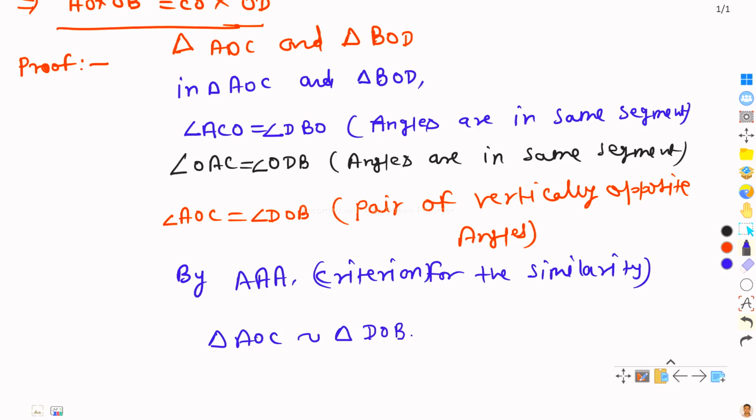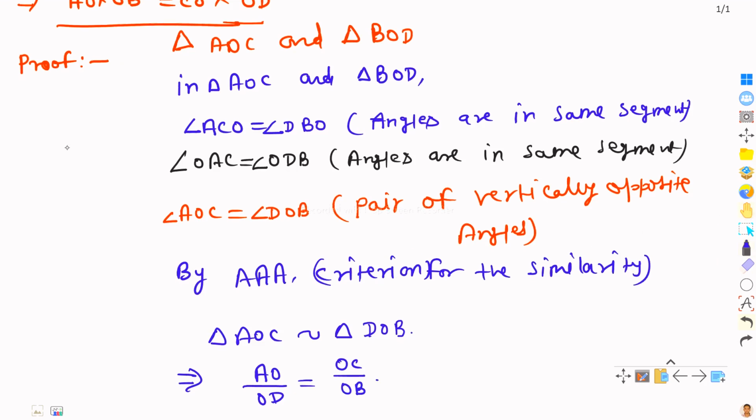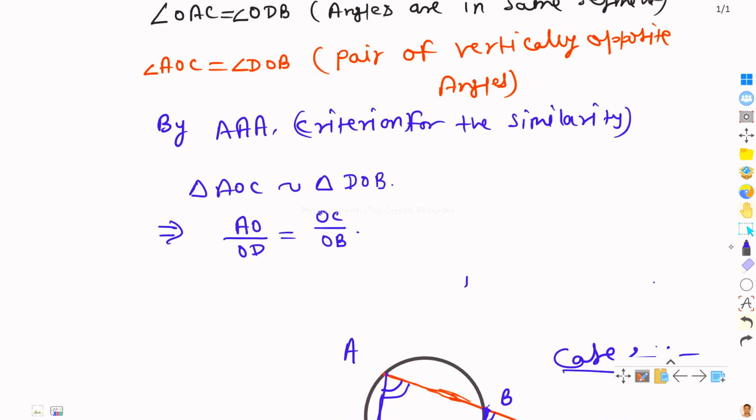We know that in similar triangles, corresponding sides of the triangles are in proportion. So the corresponding side of AO is DO. Therefore AO upon OD equals OC upon OB, the corresponding side of OC being OB. Now we use cross multiplication.